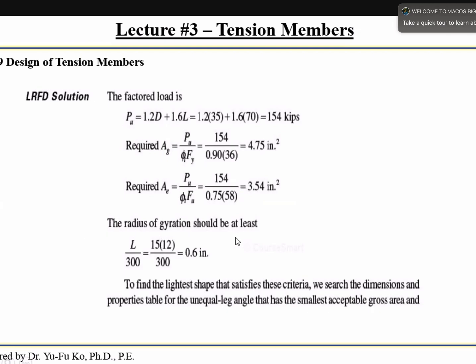The minimum radius of gyration should be at least L over 300. Remember the L is in feet. You need to convert to inches. Divide by 300 is 0.6 inches. When you talk about design, we always need to pick the lightest shape.